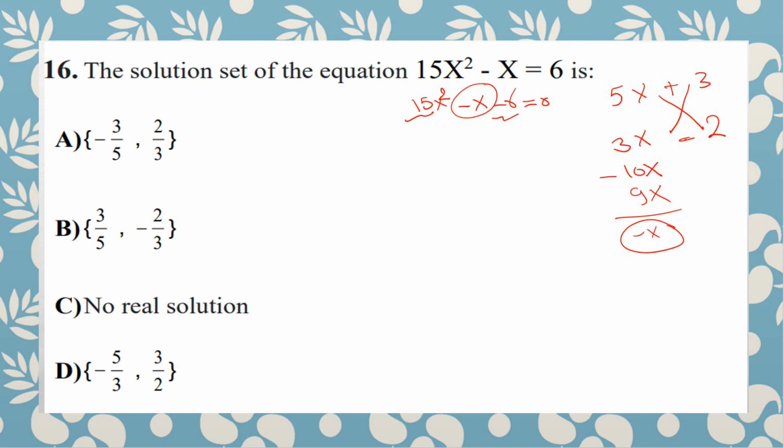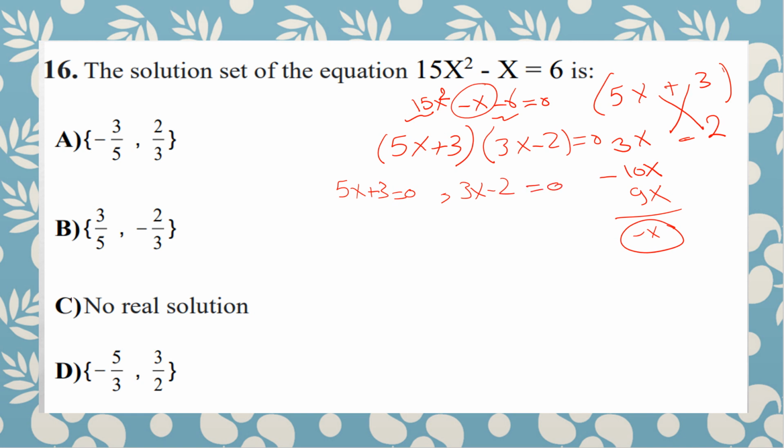So we can factor this equation into 5x plus 3 times 3x minus 2 equals 0. So 5x plus 3 equals 0, and 3x minus 2 equals 0.